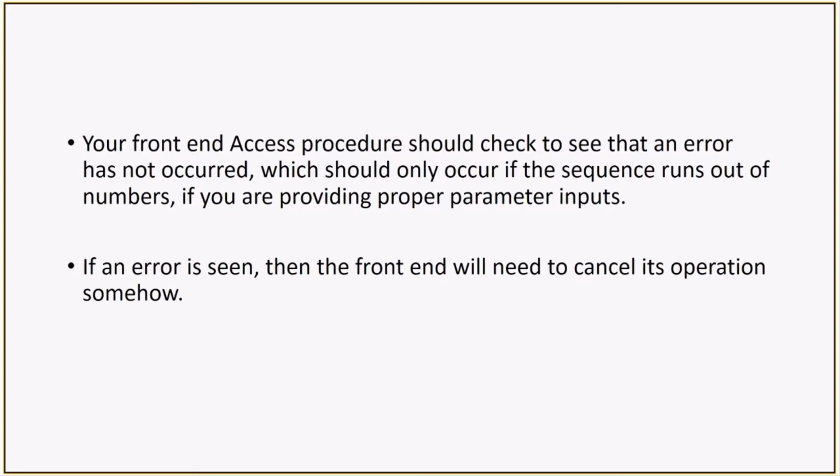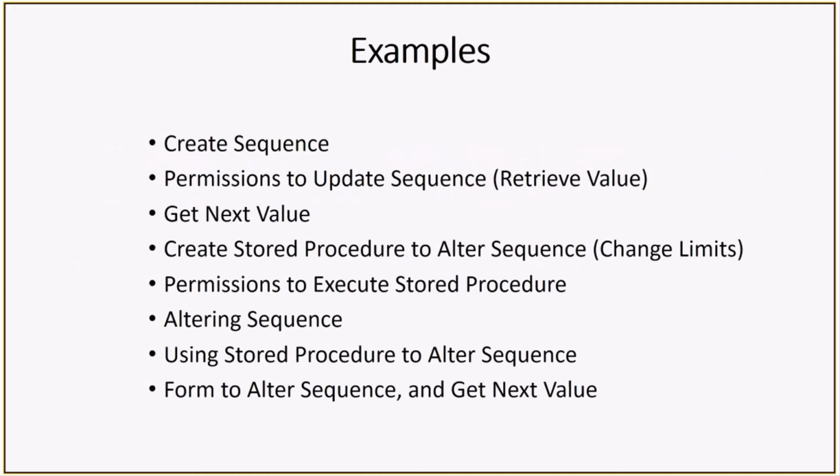Now we're going to look at a few examples. We'll see how to create a sequence. We'll see how to grant permissions to update a sequence, which is what we'll need to retrieve the next value. We will actually get the next value. I'll show you how to create a stored procedure to alter a sequence or to change the limits.